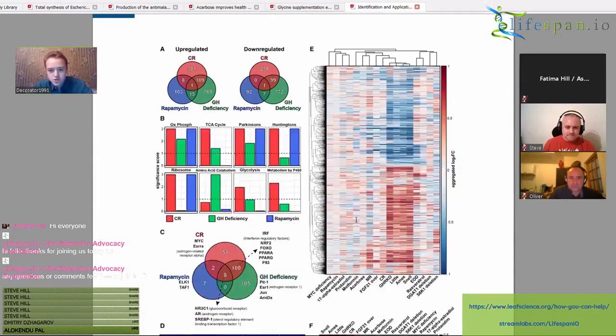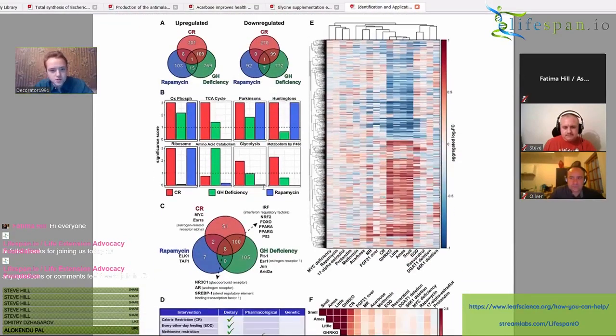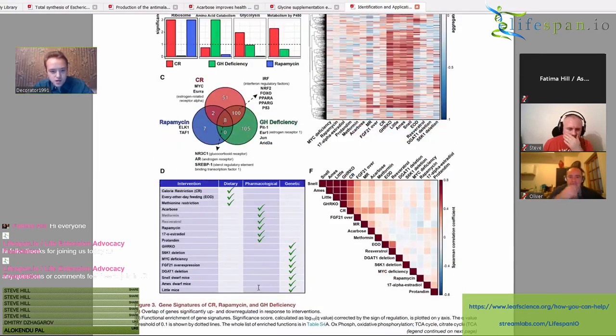Now I will return to biomarkers of lifespan extension. As I said, we aggregated publicly available data, and panel D shows the data we had in the end. There are 17 different interventions, obtained across 77 different data sets.